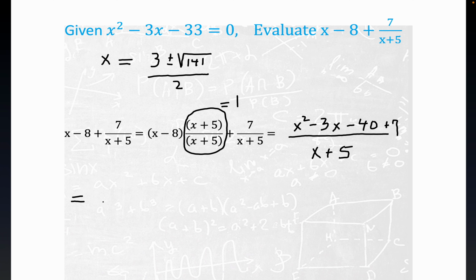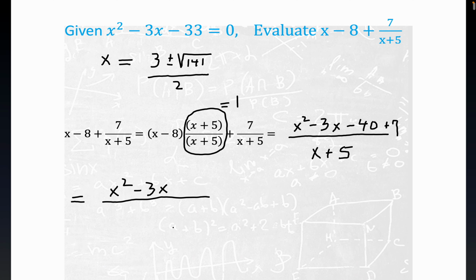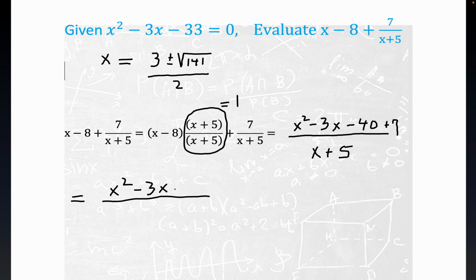And again, I'm just recopying with the simplification in the numerator: x squared minus 3x minus 33, all over x plus 5.